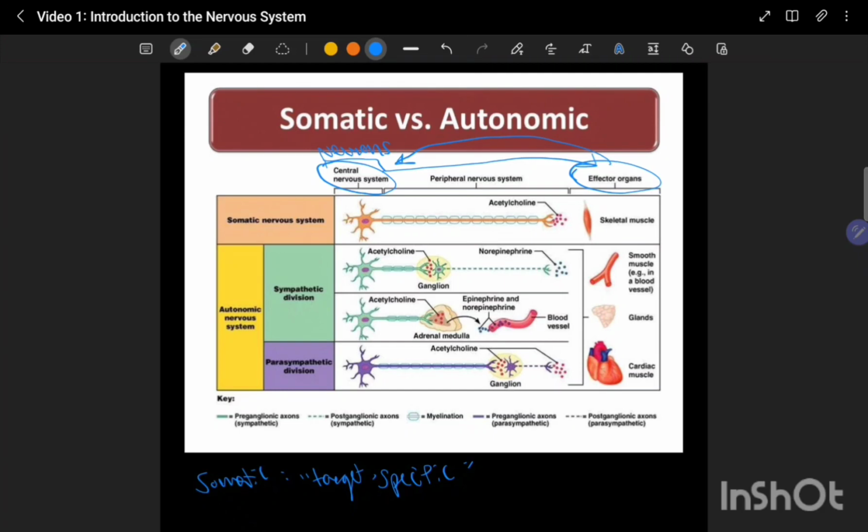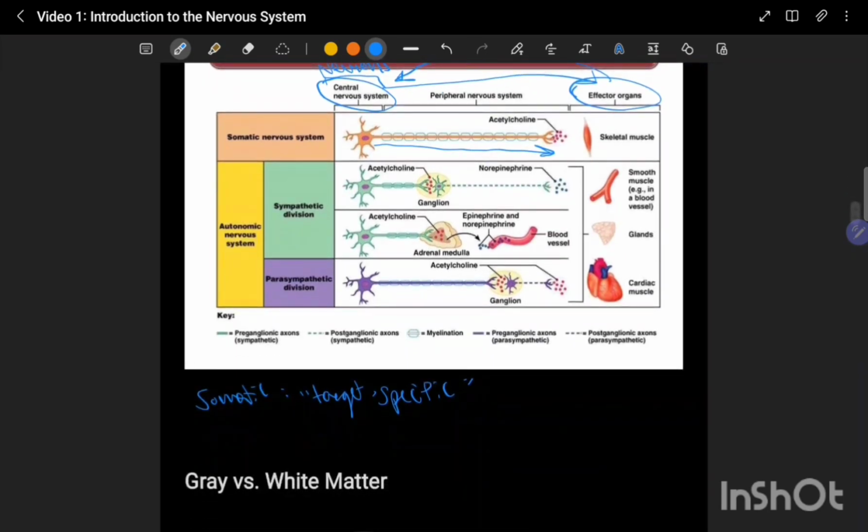In this case, with the somatic nervous system, we have a neuron and then a really long axon that is traveling all the way to our effector organs. In this case, we have skeletal muscle as an example. And what that means is this is target specific. So when we want to contract a muscle, we just contract that singular muscle. We don't have to contract all of the muscles in the area.